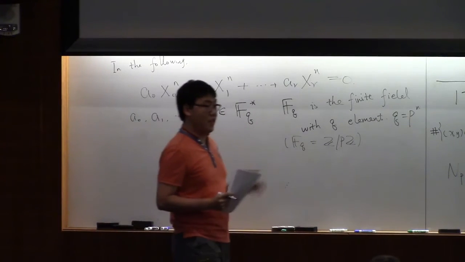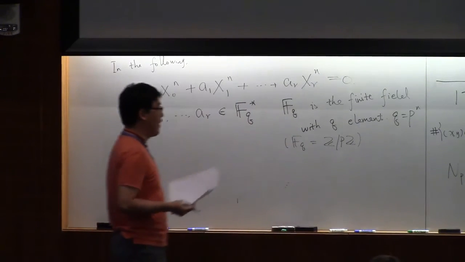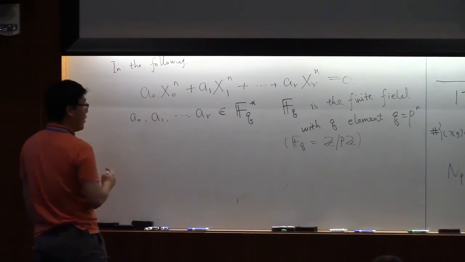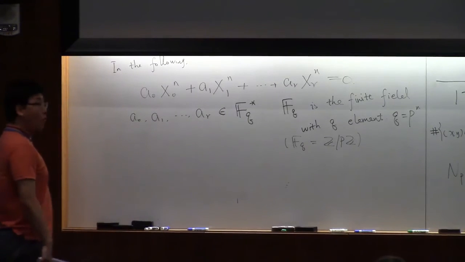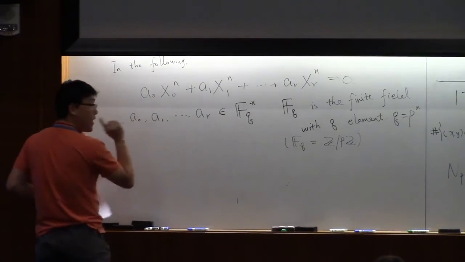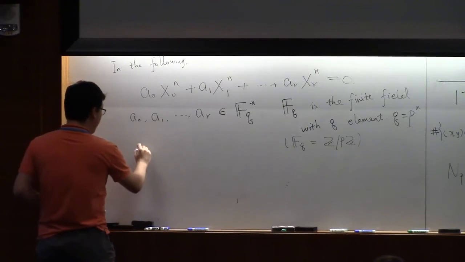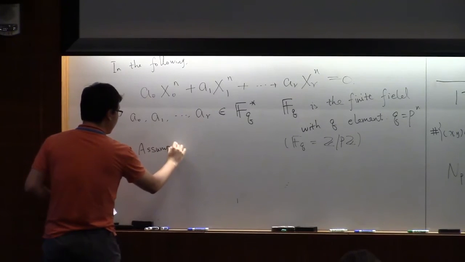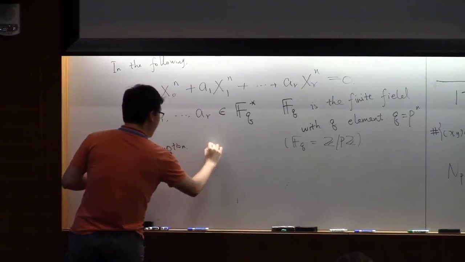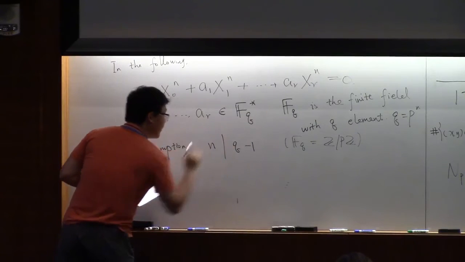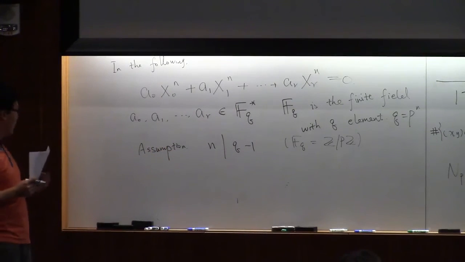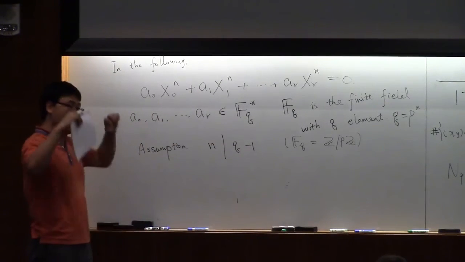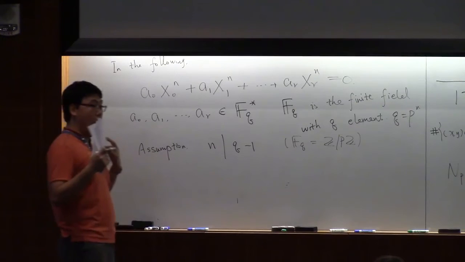You will not lose anything until the end of today's lecture when I define the zeta function of a projective variety. So here I have such a homogeneous polynomial. I make one more assumption. The assumption is that n will divide the number q minus 1. This assumption is not necessary for the discussion. It just makes the discussion much more simplified.